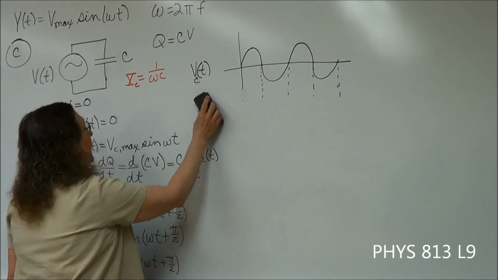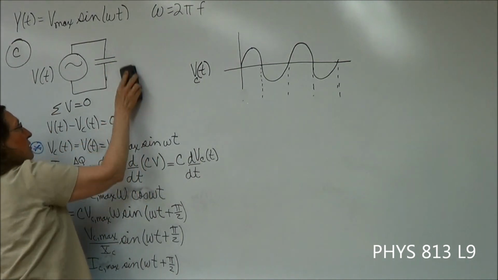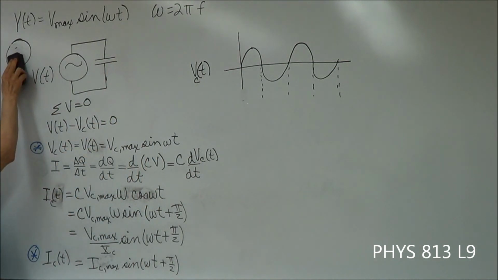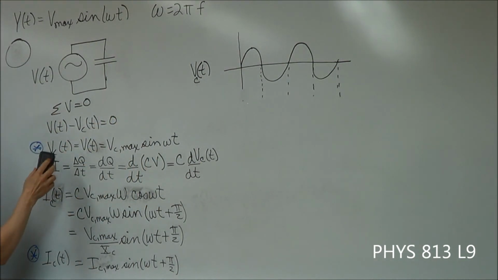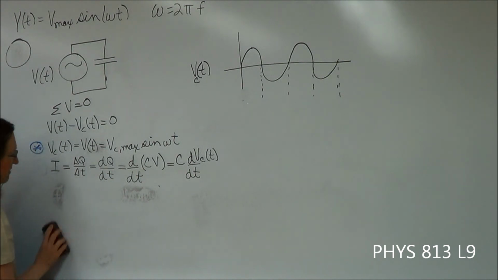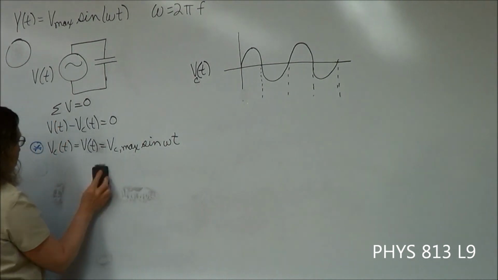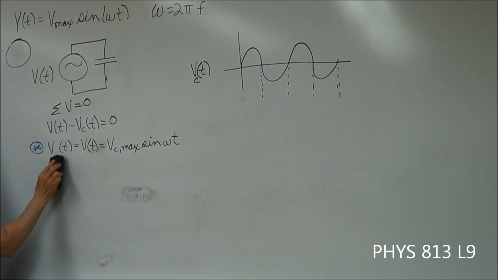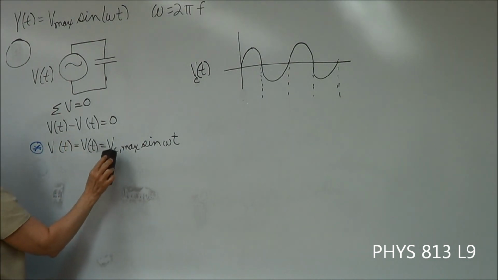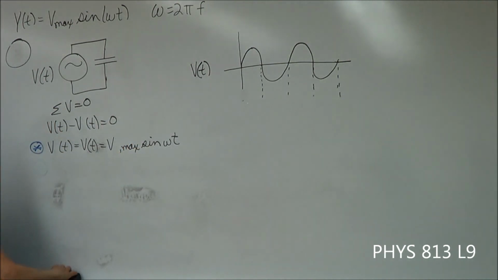I'm going to erase that and that. We don't need that equation. We're going to put an inductor there and there. Our current is going to be completely different, so we're going to erase all of that, and then our equation here is going to be in terms of an inductor.